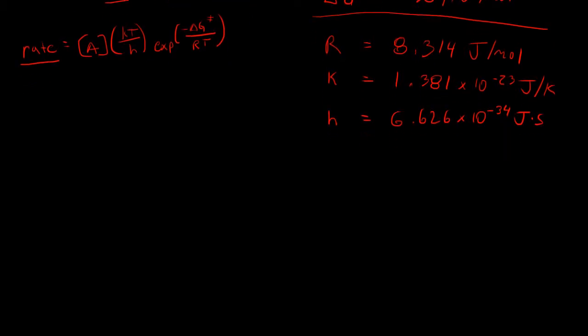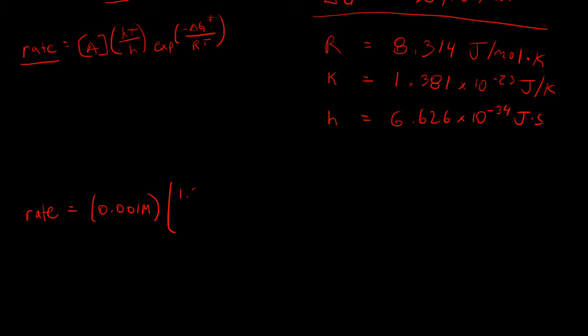So we're solving for rate, and our concentration of A was given to us as 0.001 molar. Our K is listed here. Sorry, and so this, our ideal gas constant, should actually be joules per mole Kelvin. So our Boltzmann constant K is given to us here.